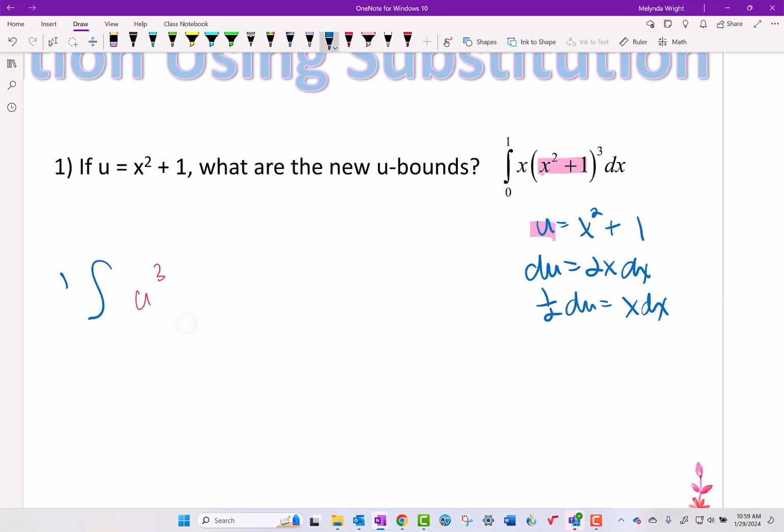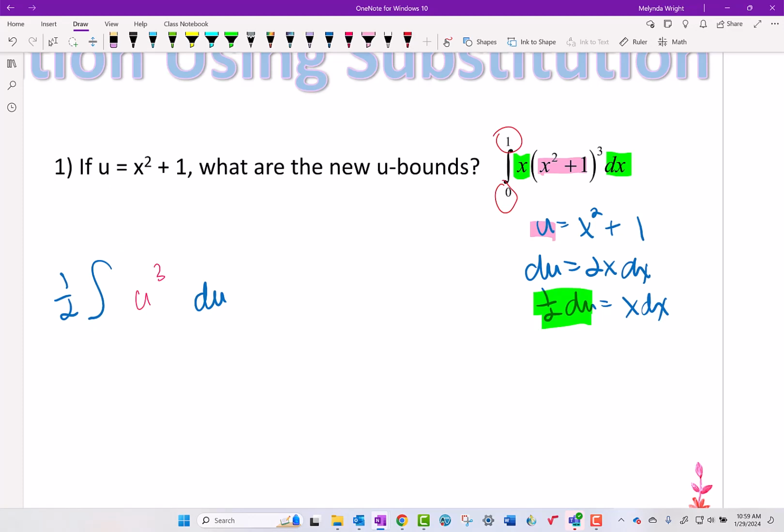Then we'd have our 1/2 here and our du there, and the x dx turned into 1/2 du. That's like we did last time. Notice that I haven't copied over the bounds. If I put a 0 and a 1 here, that would be incorrect, because those are x bounds. Those are not U bounds.